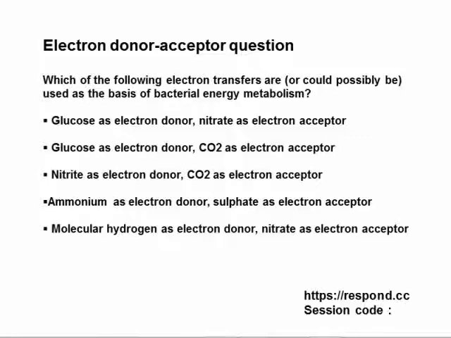There's more than one correct answer. So you need to look at your table of redox potentials, or just know which ones are the good electron donors and which are the poor ones, and what is the order.